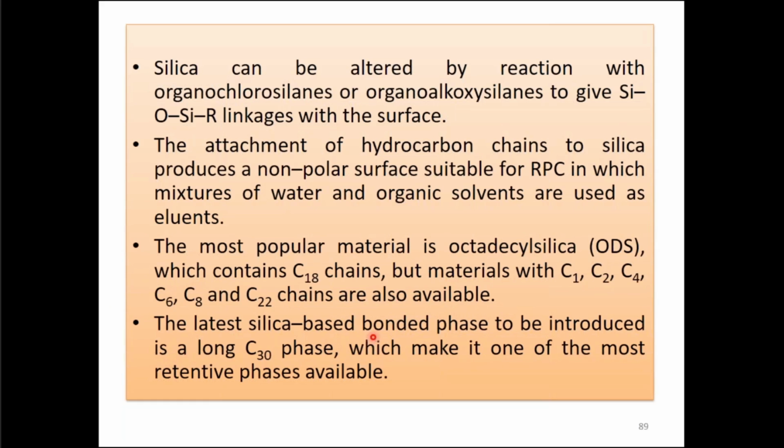All these, of course, would be the RPC columns or reverse phase chromatographic columns. The latest silica-based bonded phase to be introduced is a long C30 phase, which makes it one of the most retentive phases available. Because the more nonpolar, it will help to retain the organic solutes much longer.